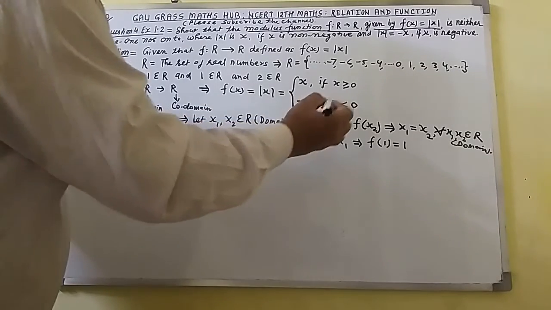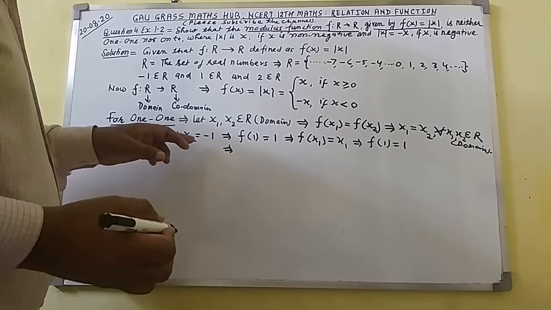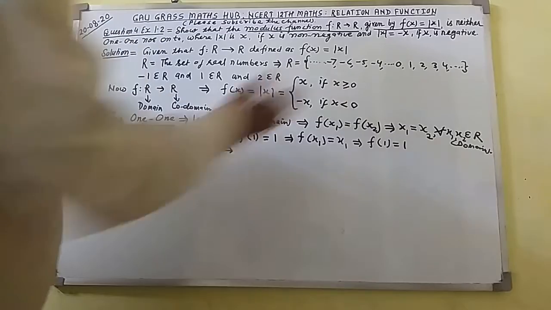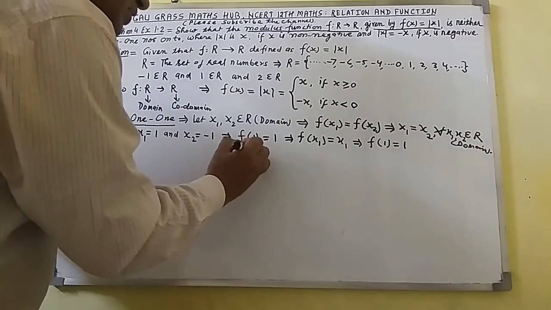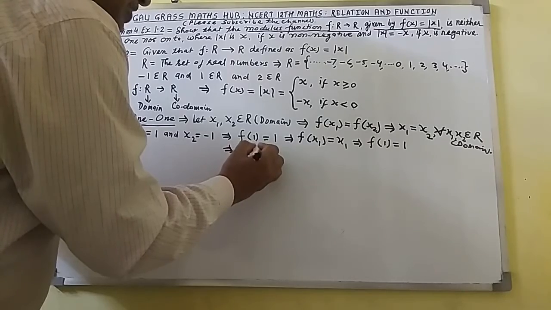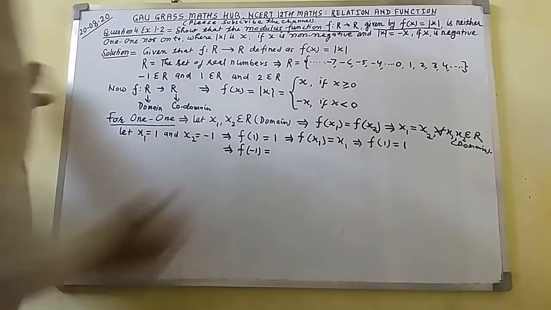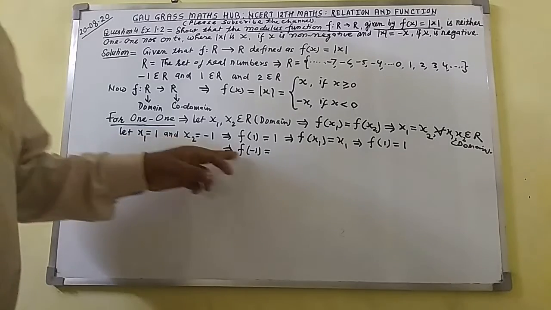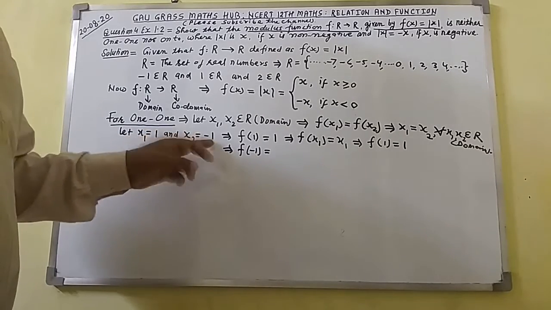In this case, this statement I am going to take. So f of -1 will be, here you can see x2 is equal to -1.